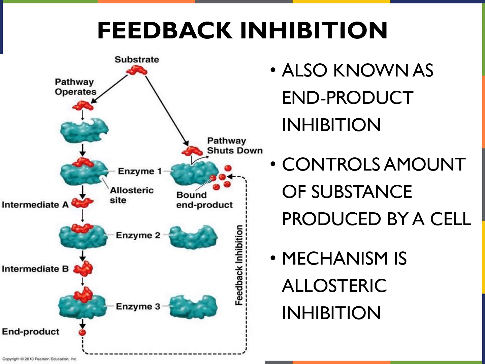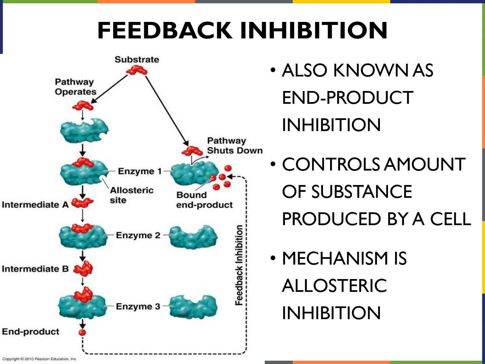So there's enzyme number 2 that comes in. It takes intermediate A. Enzyme 2 does its job, does whatever it's supposed to do. It changes intermediate A and then releases it. It is now known as intermediate B. And then we have a third enzyme that comes in, grabs hold of intermediate B, does its job, and releases the product.